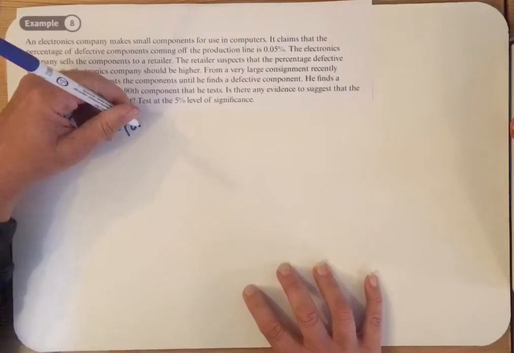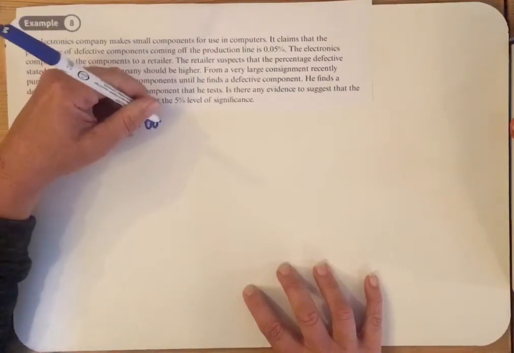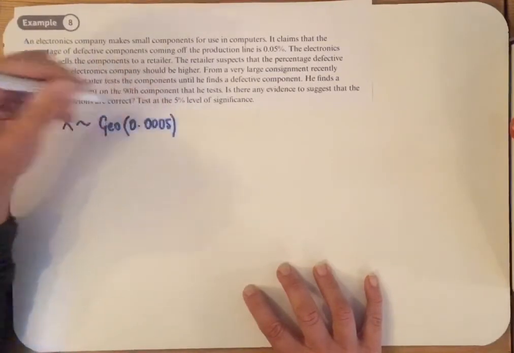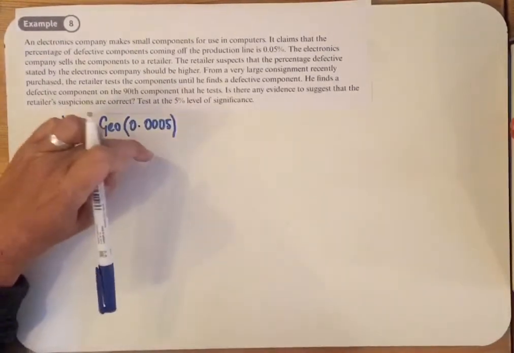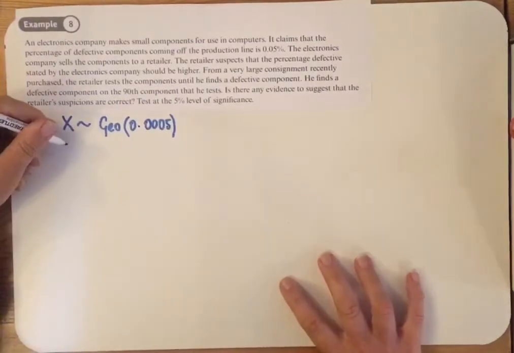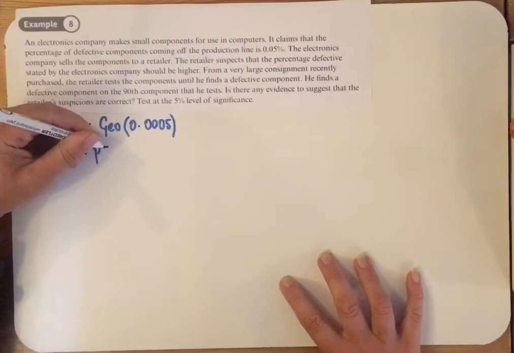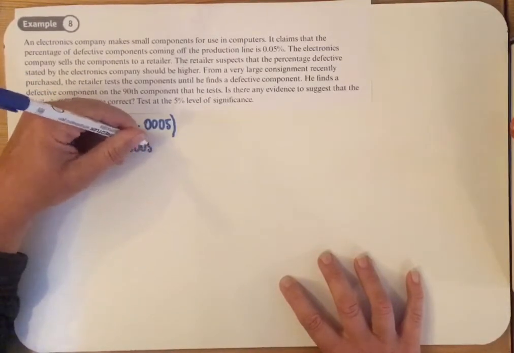So the probability, 0.05%, is 0.0005. So getting a faulty one on the 90th, it's quite soon really if p is this low. So the null is that p is 0.0005.